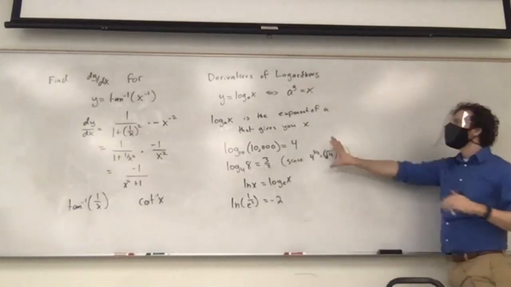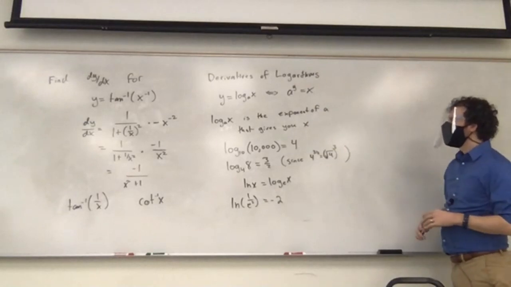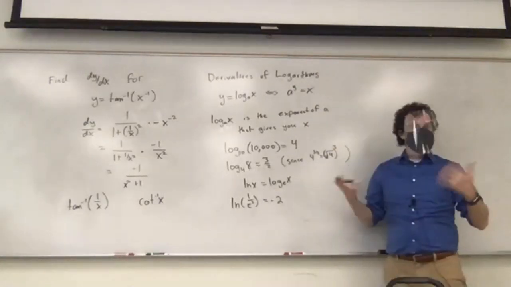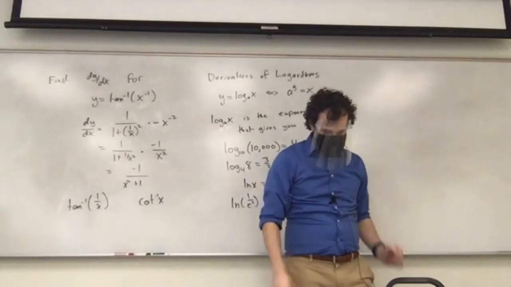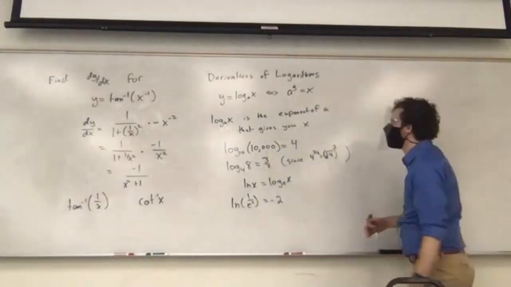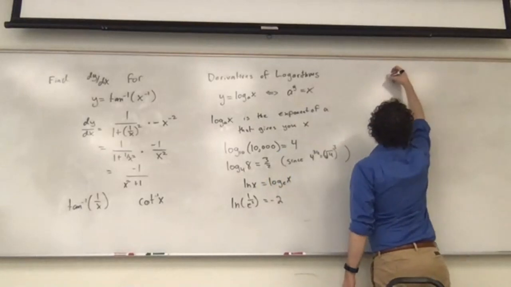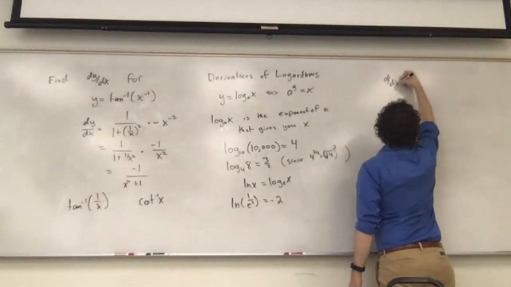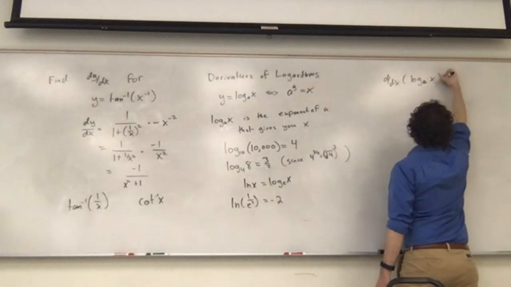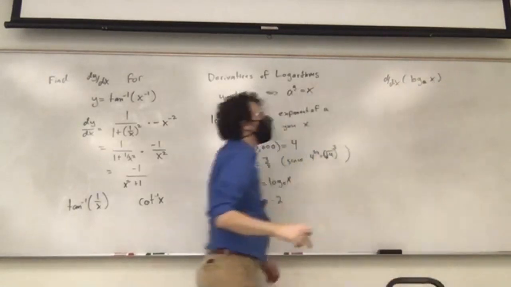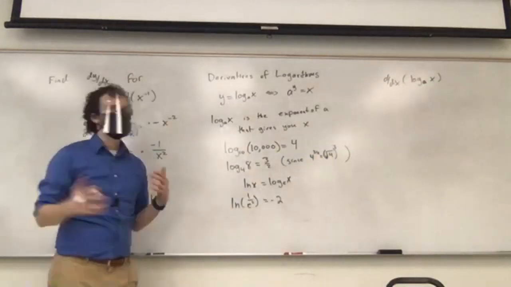It's a little cleaner in this case. We don't have to worry about the trig identity or the range or anything, but we can still follow the general path. So if we want to find the derivative of log base a of x, so any logarithm, and the natural log will be a special case of this.